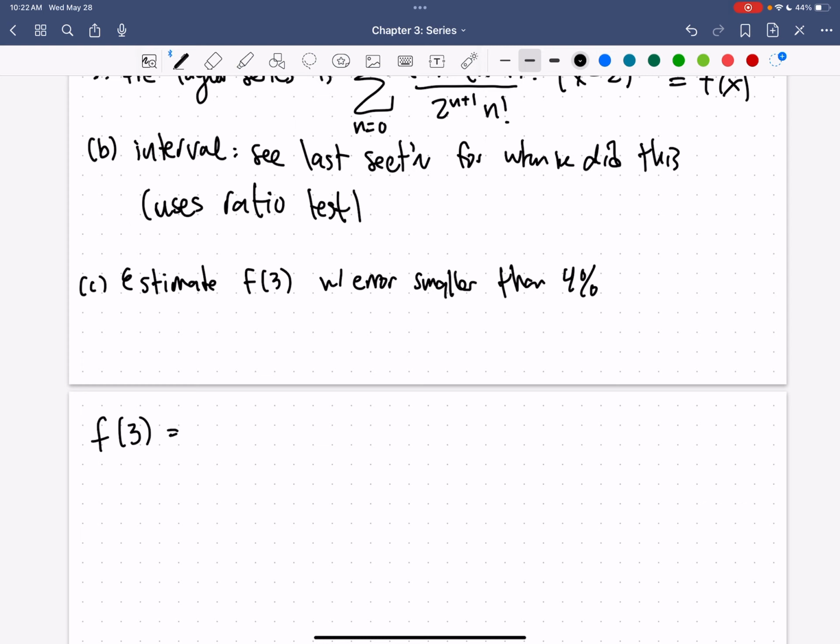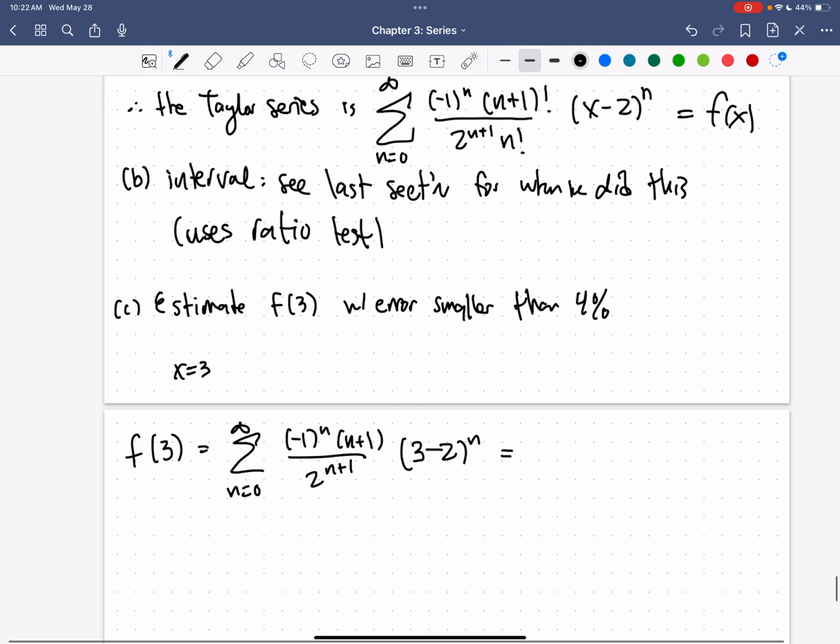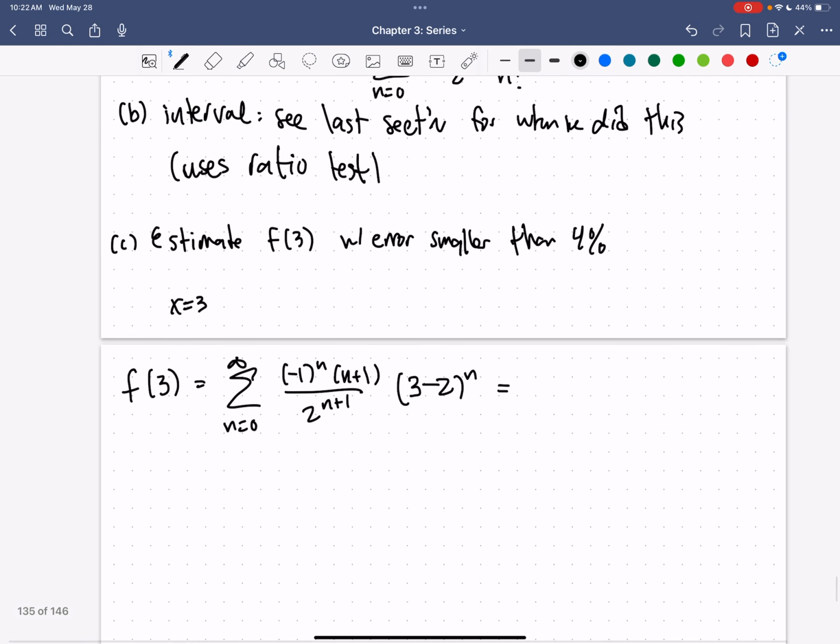Plugging in x is equal to 3, we get the sum from 0 to infinity, negative 1 to the n plus 1 over 2 to the n plus 1, and then instead of x minus 2, we have 3 minus 2 to the n. Oh, that's just 1. So this simplifies a little bit. We get the sum from 0 to infinity of negative 1 to the n plus 1 over 2 to the n plus 1.